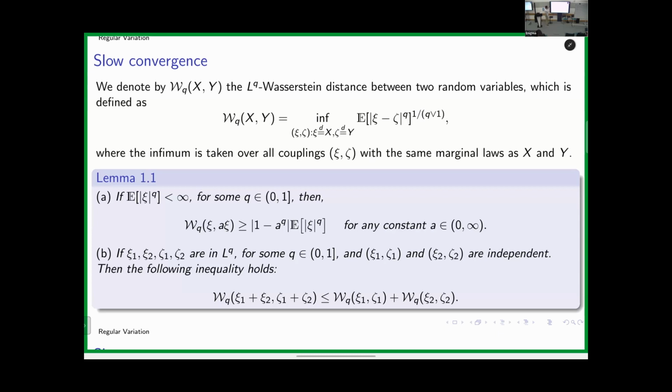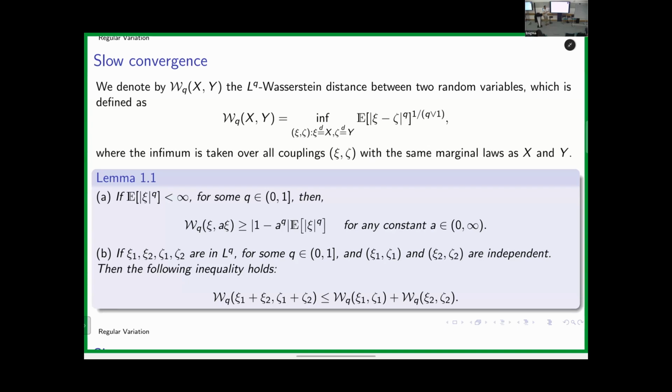Moreover, you have some kind of contraction property, not exactly the triangle inequality. If you take pairs of independent variables and compare xi1 plus xi2 versus zeta1 plus zeta2, you have an inequality: it's less than 2 of these distances.